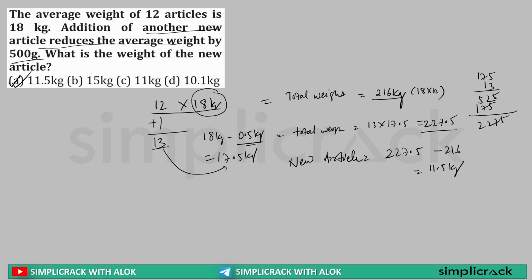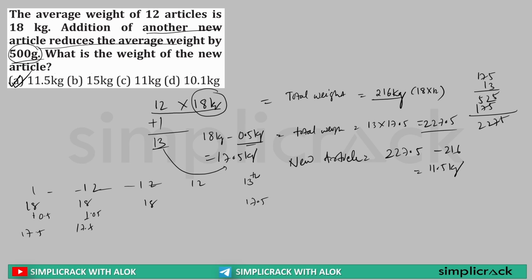But if you want to go through that conceptual method, what happened? Sir, 12 articles, 1 to 12. Their weight was 18 kg, right? So after the addition of the 13th article, the new average became what? Sir, 17.5. How much drop has been seen? 0.5 kg drop has been seen.